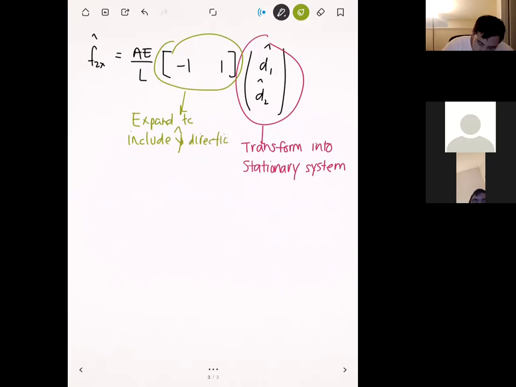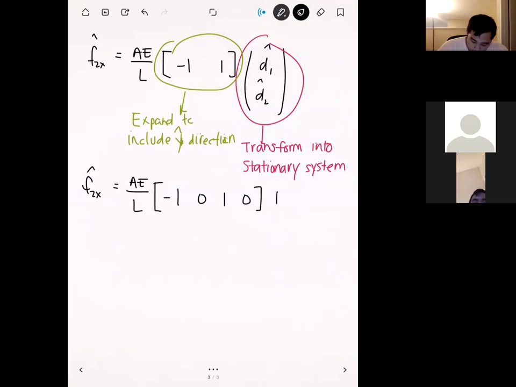Remember, this small 2x2 element stiffness matrix was when we were only considering displacement in one direction. So now our formula is F2x hat is equal to AE over L, and if we expand this guy, we get minus 1, 0, 1, 0.